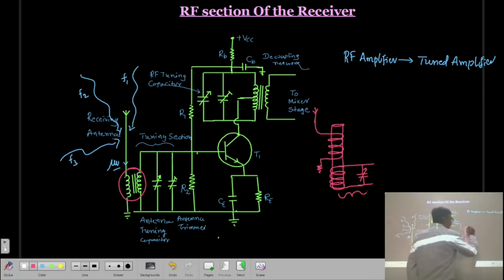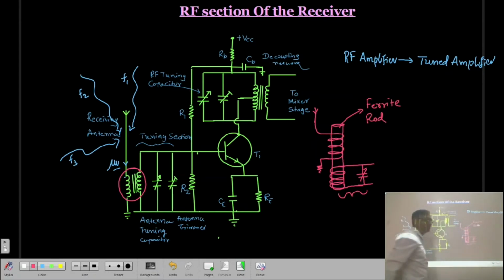The rod here is known as a ferrite rod. It is a black colored rod. Due to this, the electromagnetic wave is going to be concentrated. This is the primary of the transformer, and this is the secondary of the transformer, where both the primary and the secondary are mounted on the same ferrite rod.